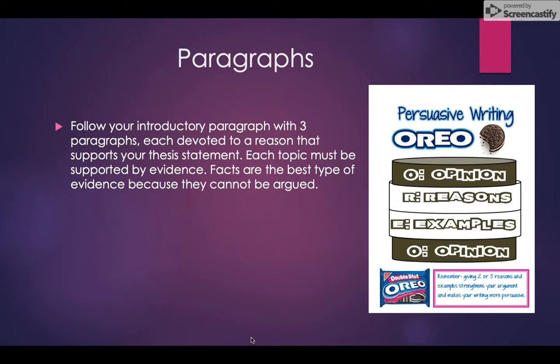So your body paragraphs need to follow your introductory paragraph, and they need to each be devoted to a reason that supports your thesis statement. Each topic must be supported by evidence. Facts are the best type of evidence because they cannot be argued.